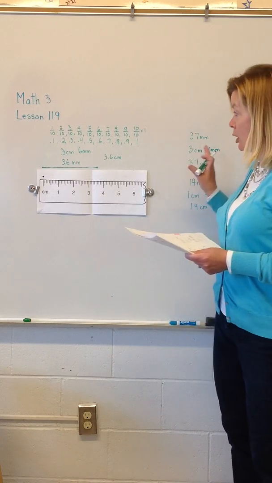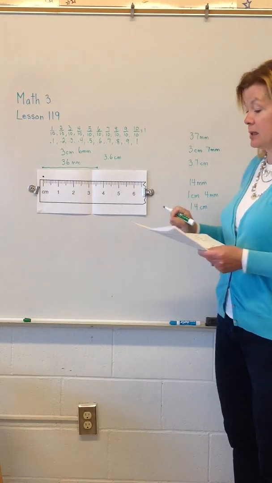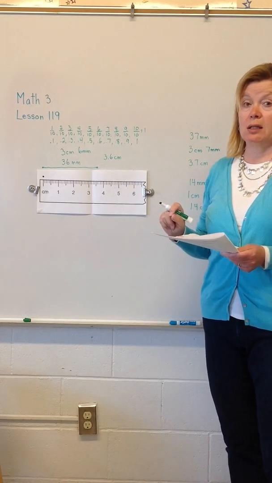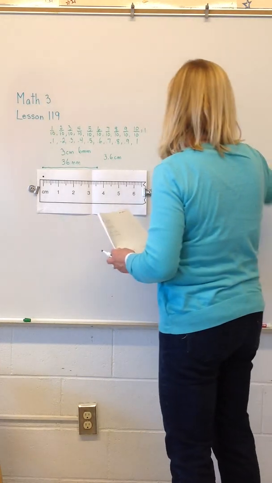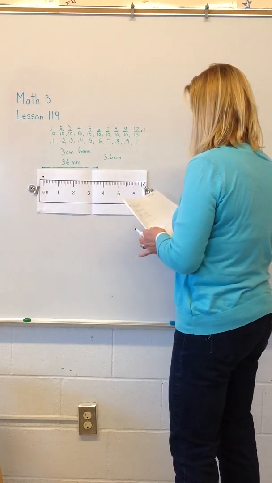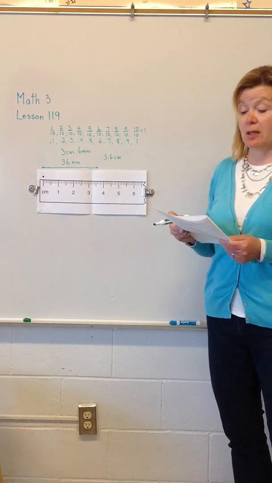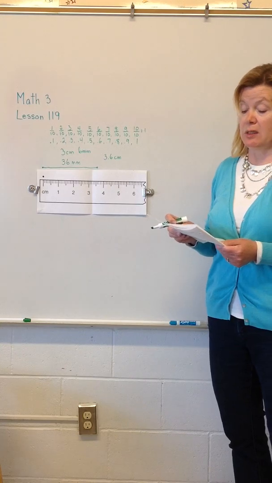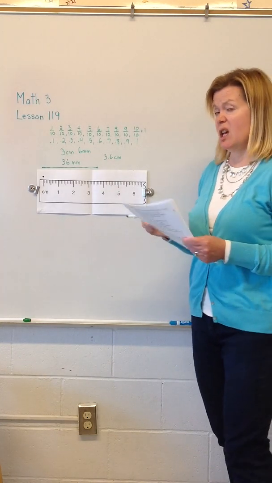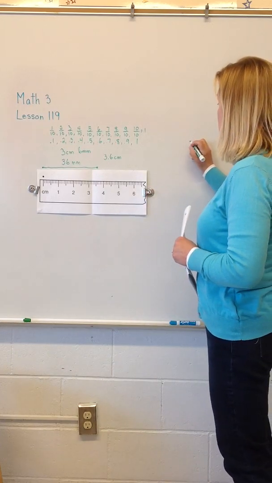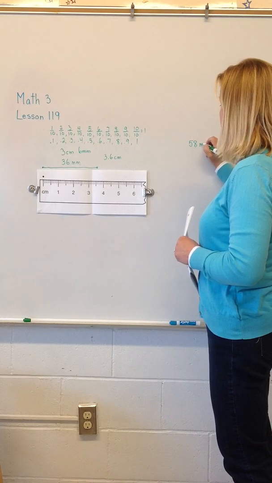I'm going to erase this and write the answers for 3 and 4. I realize you haven't had much time to work on that, but let's get the answers written in. So for number 3, it looks like it's 58 millimeters.